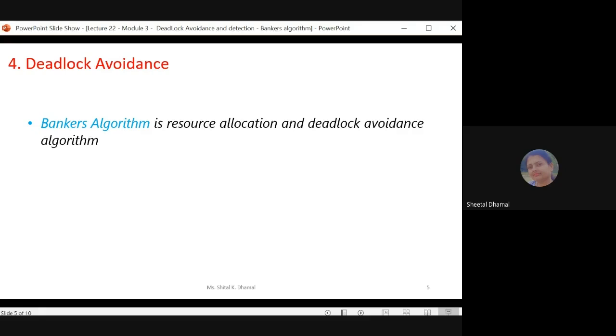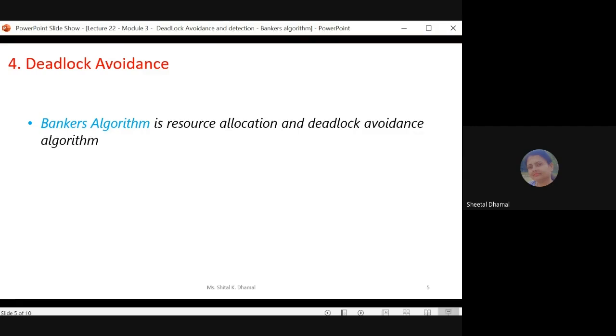Let us consider that a person applies for a loan. How will your bank check whether to issue the loan to the customer or not?